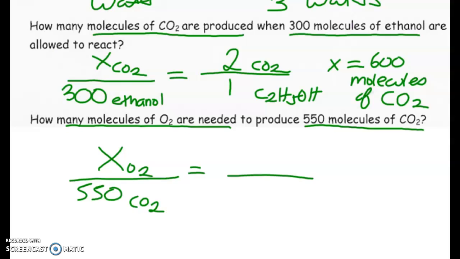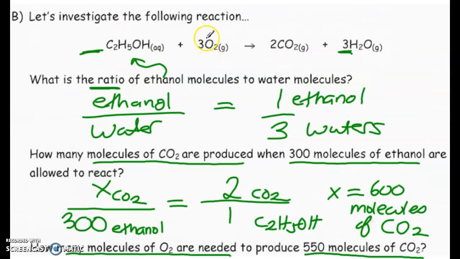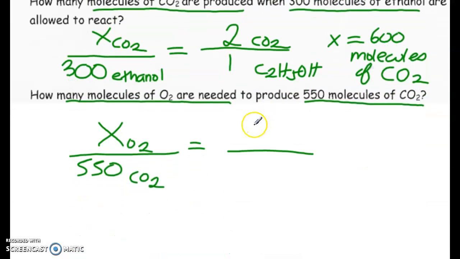So we want oxygen and carbon dioxide. Oxygen is 3, carbon dioxide is 2, so over here this is going to be 3 oxygen over 2 CO2. When we solve for X, it's going to be 550 times 3 divided by 2.